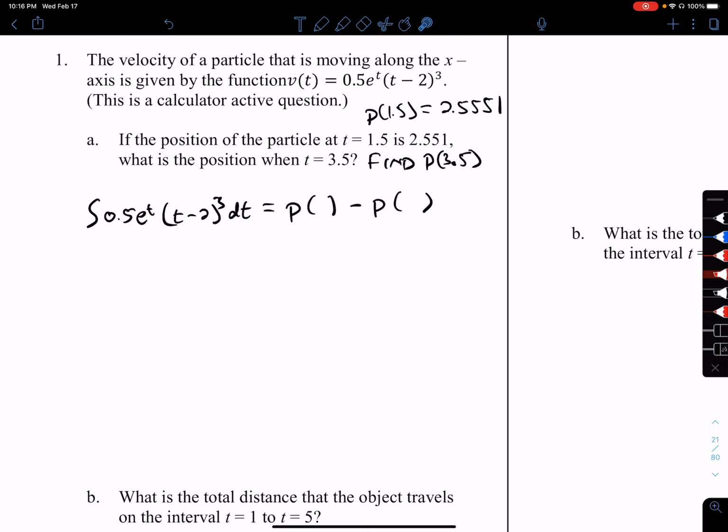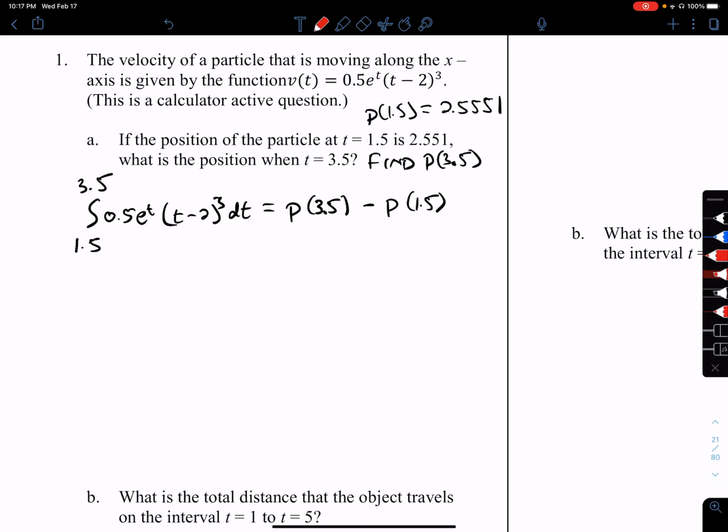Now, since we know 1.5 is the time and this is the position, and we're trying to find the position at time 3.5, we want to integrate this from 1.5 to 3.5. According to the fundamental theorem of calculus, this is going to be equal to the position of the function at 3.5 minus the position of the function at 1.5.